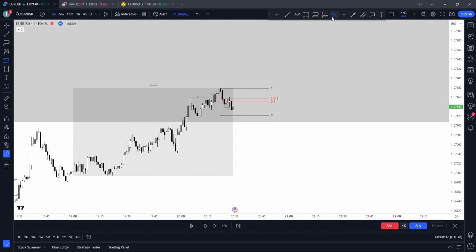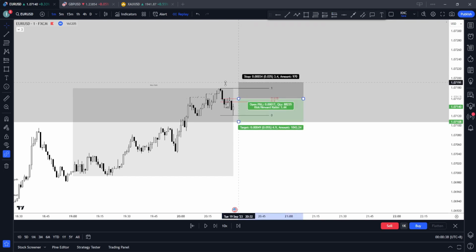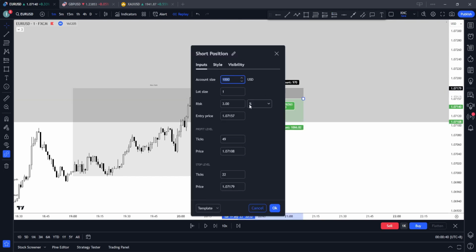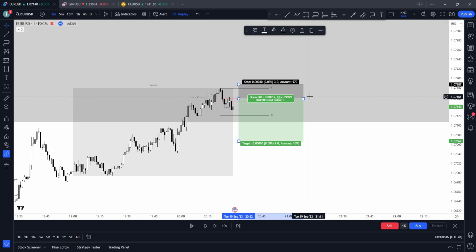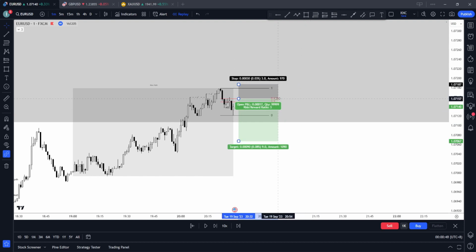We'll be using the optimal trade entry of ICT, rounding off to 3 pips and targeting a 1 to 3 risk reward ratio. Just like I said, it will be a short-term reversal for me.